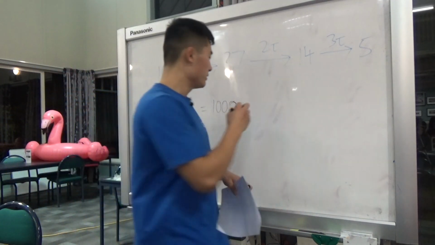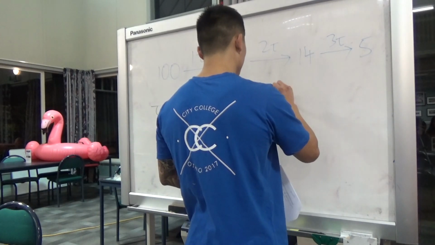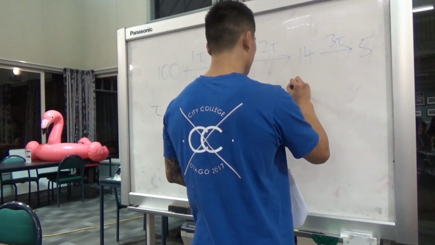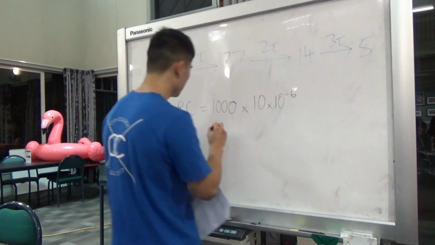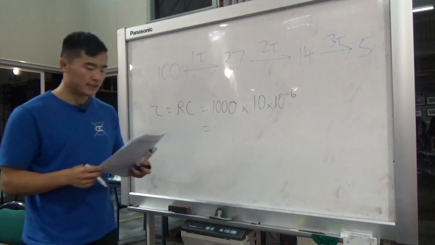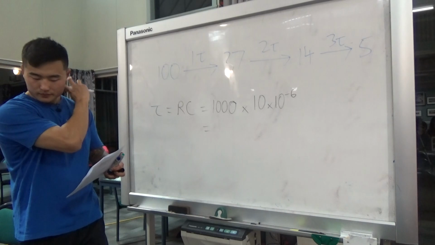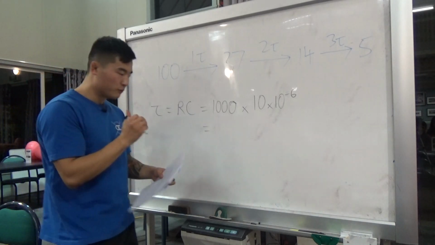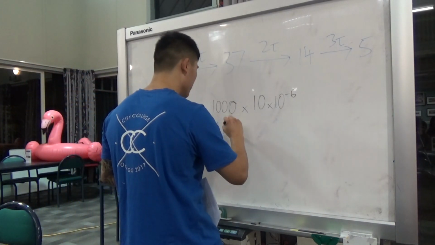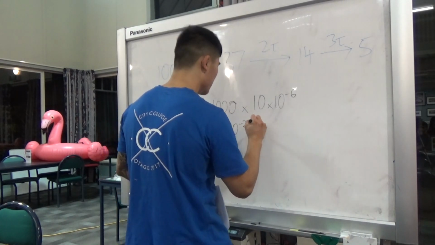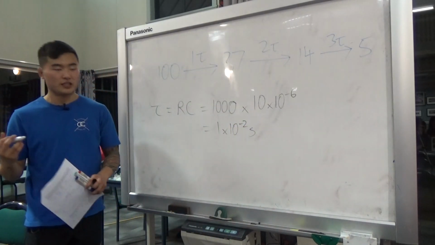So you have to convert it into farads. So 10 times 10 to the negative 6 farads, and so that's 1 times 10 to the negative 2. Okay, so that would be one time constant.